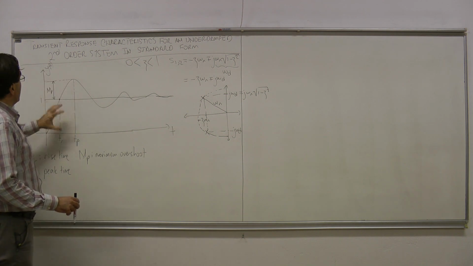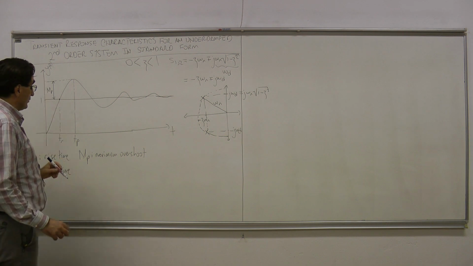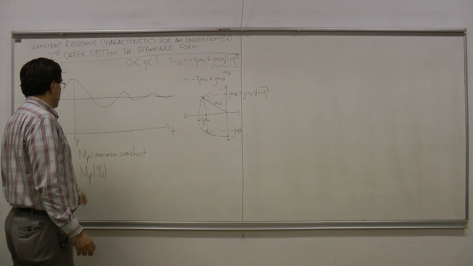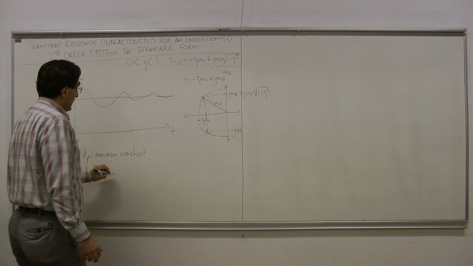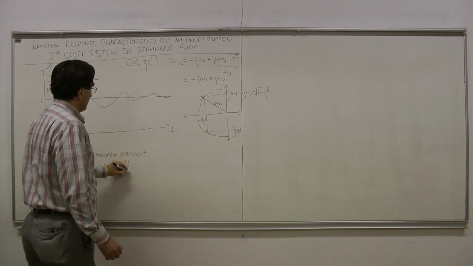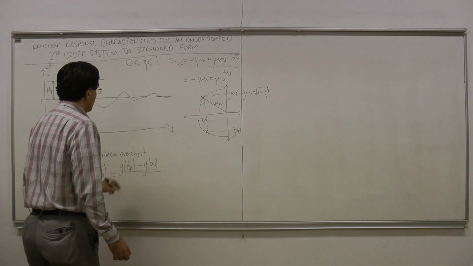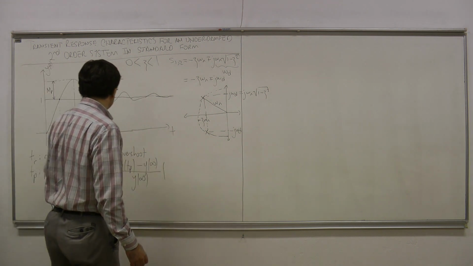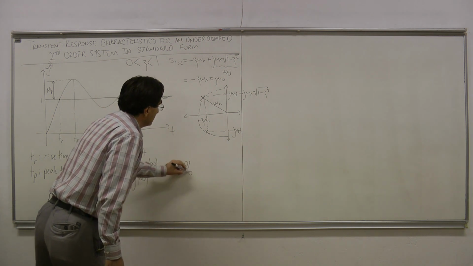So I cannot use this absolute maximum overshoot in my calculations. Instead, we use something called percent overshoot. Okay? So this is shown as MP, percent maximum overshoot, and its definition is something like this. It is, with my output y of t, y at TP minus y at infinity divided by y at infinity. And sometimes, since we are using the percentage sign here, we just write here times 100%.